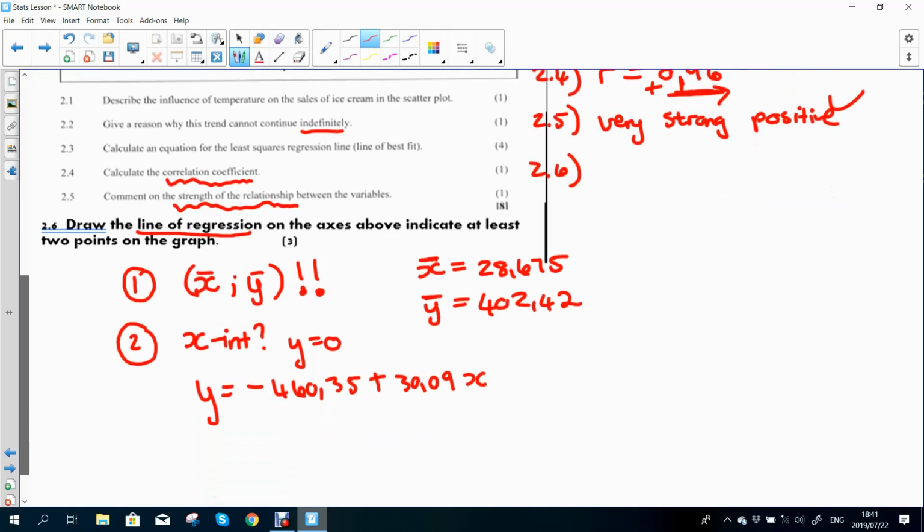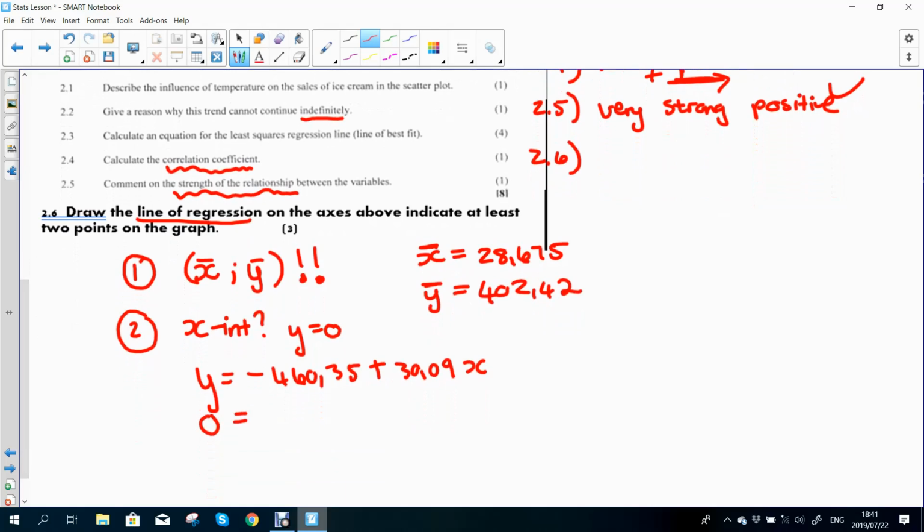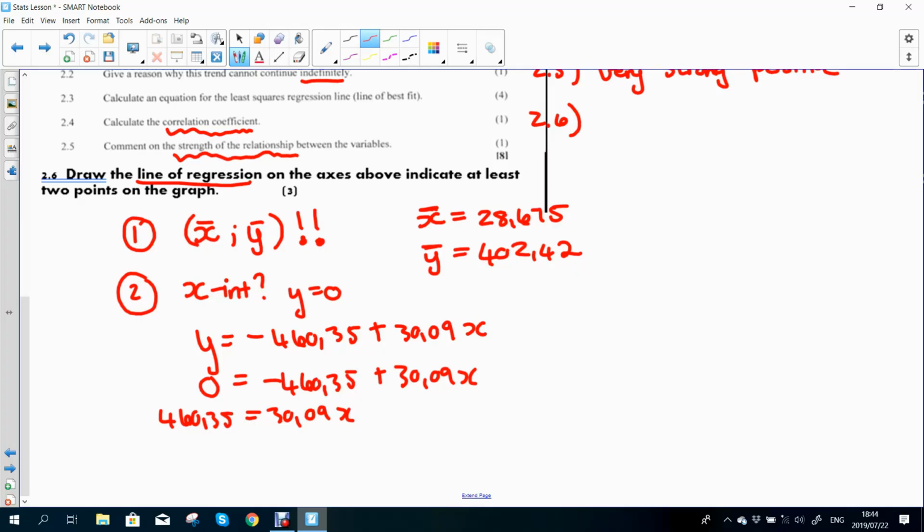If I want an x-intercept, I would make y 0. Then I want to find x's answer, so I take the 460,35 across. Let's quickly work that out: 460,35 divided by 30,09. That gives you 15,299. I didn't round that off.